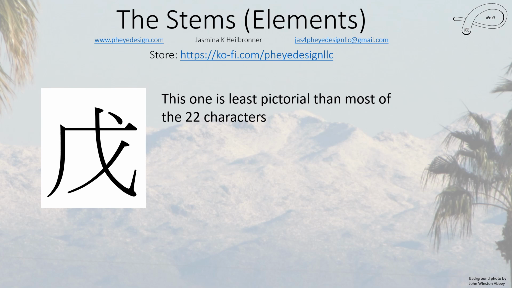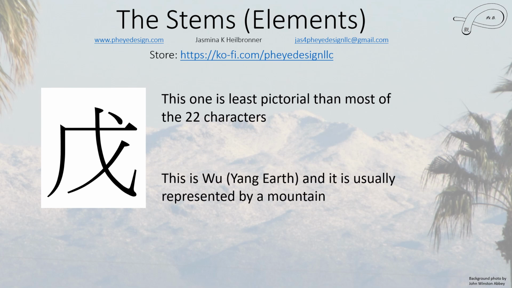Now, this one I think is probably the least pictorial one out there. It has a unique look in some respects, at least in terms of the stems. It's not hard to recognize as different from the others. But this is Wu, Earth. It's usually represented by a mountain. So if you think of this whole thing as a mountain, maybe this is like the ridges, or the pass where the water goes down that digs it in.